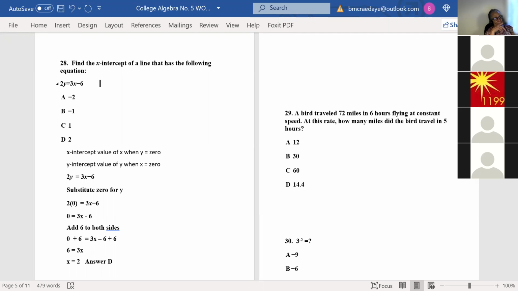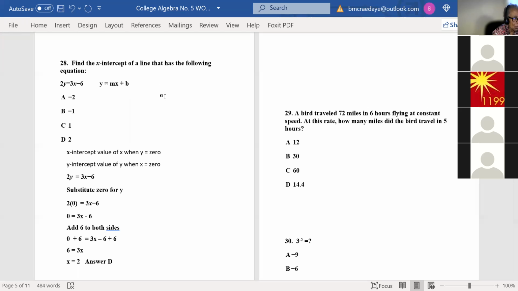How could you make this equation look like y equals mx plus b? Now b is the y-intercept. Audrey, how could you make this equation look like this format? I divide by 2. That's how I do my first.